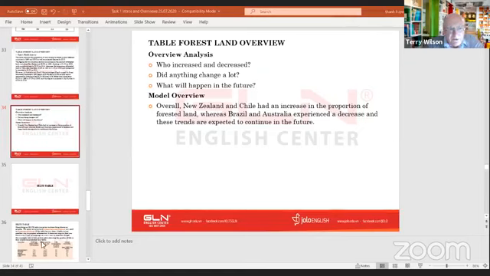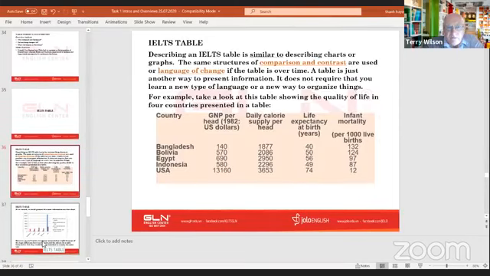All right, what I'm going to do now, because in previous presentations I haven't spent a lot of time on tables, I'm going to go through a full example of how to answer a table question. So, describing an IELTS table is similar to describing charts or graphs.